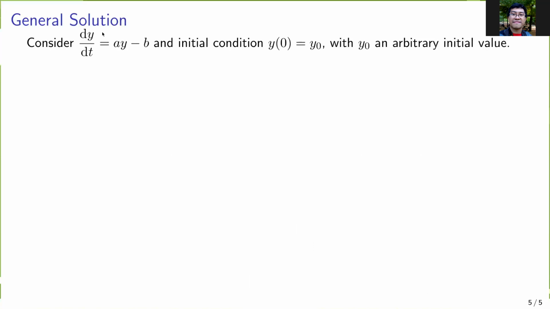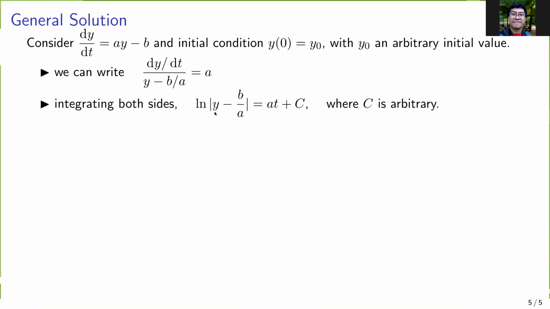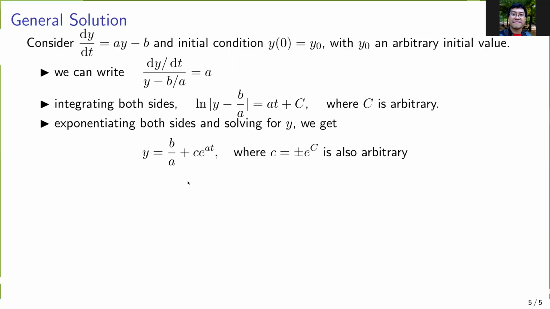So given a general equation like this and an initial condition, we're writing this in this way. Integrating both sides, we get ln of |y minus b over a| equals at plus c, exponentiating, and then setting the c as our arbitrary constant.